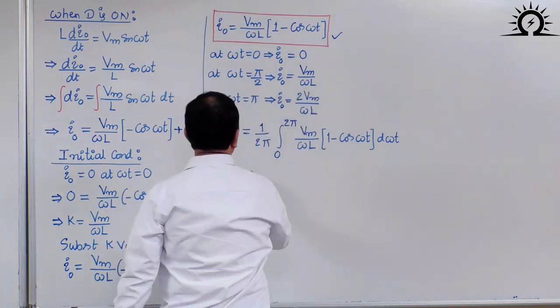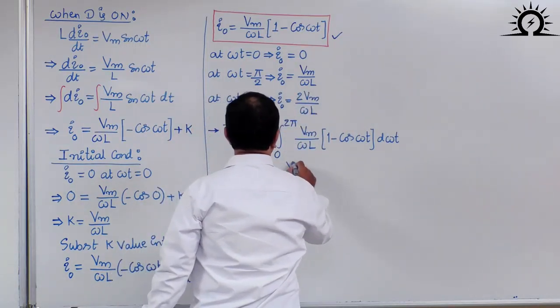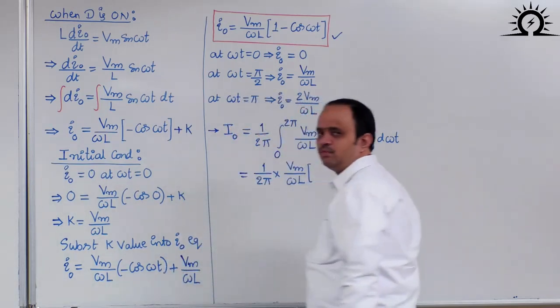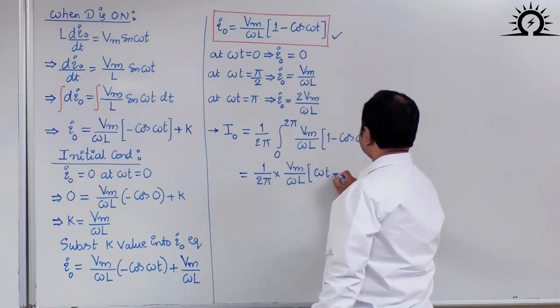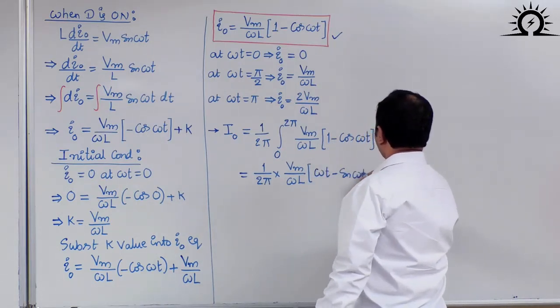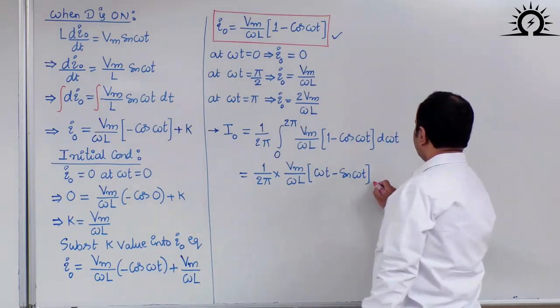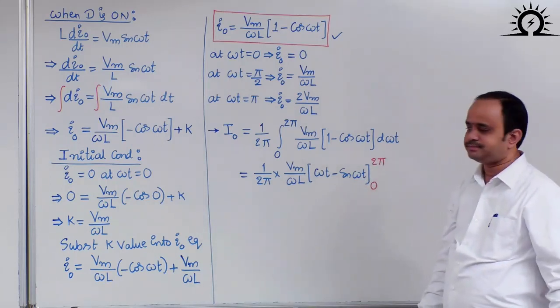Now let us simplify this integration. 1 by 2 pi multiplied with Vm by omega L. Integration of 1 is omega t. For cos omega t, the integration is sin omega t. The limits are from 0 to 2 pi.